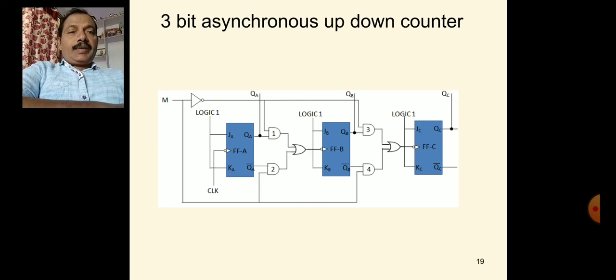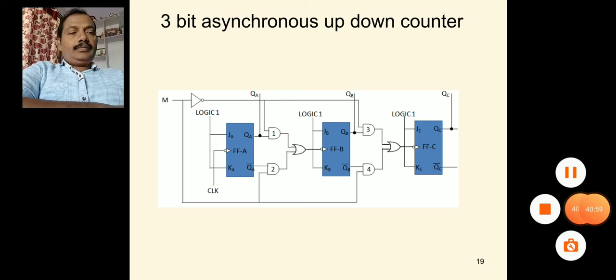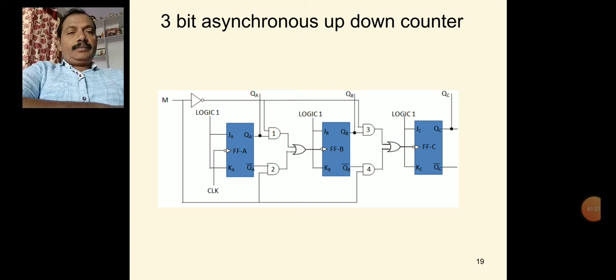Let us consider the 3-bit asynchronous up-down counter. Here, if you observe, this is the mode control bit, that is the control bit, and JK flip-flops are taken, and each JK input is tied to 1.